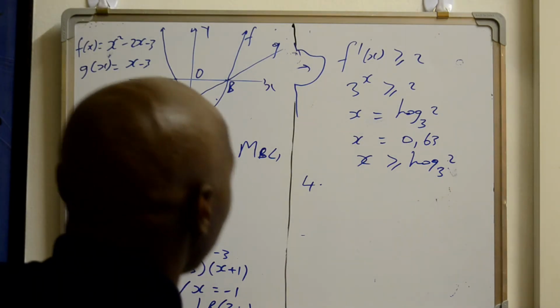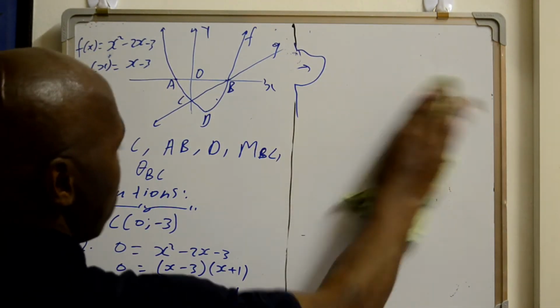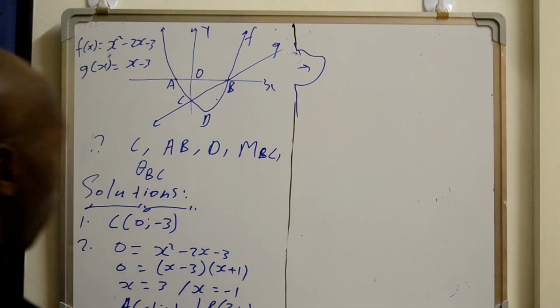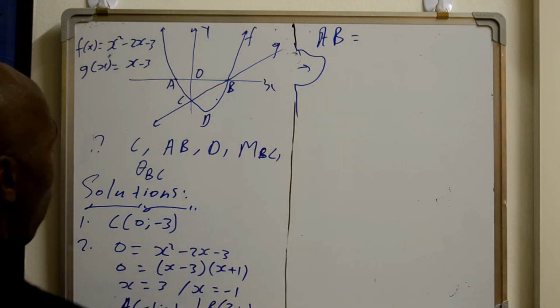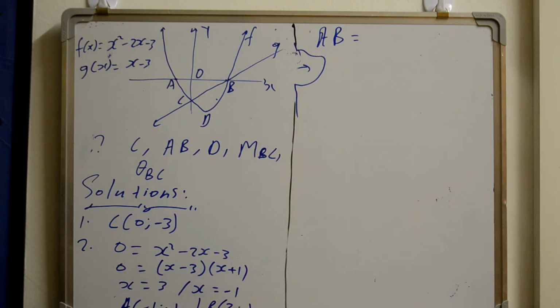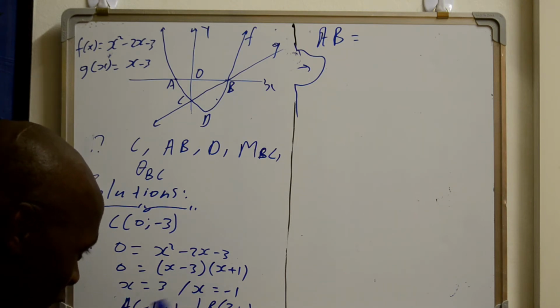We take your marks, don't waste time. For factorizing, I believe you already know how to factorize. Then the length of AB is the distance. If one variable does not change, here at points A and B your y remains constant, just subtract the one that changes.